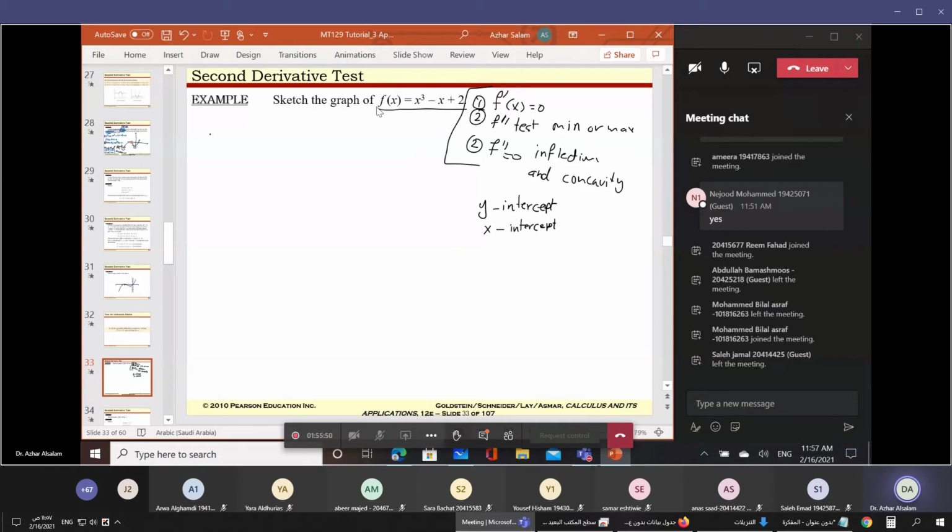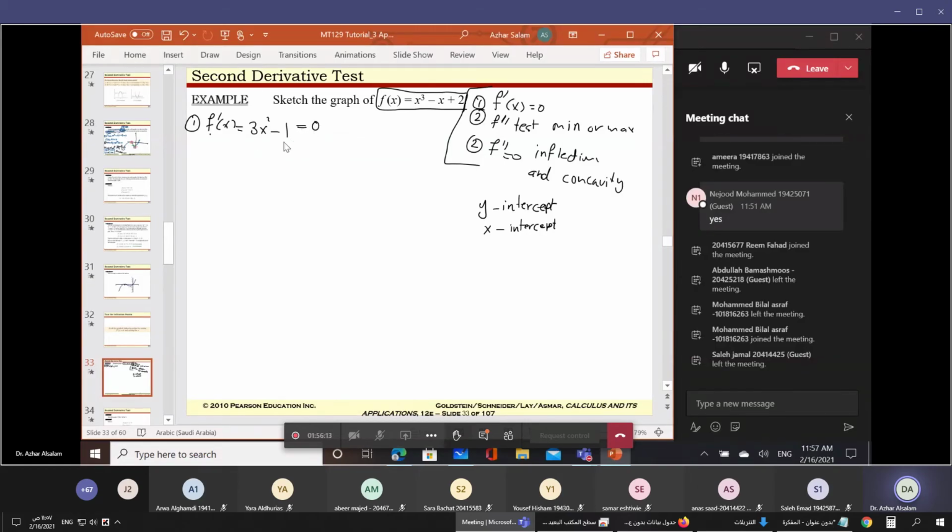First, I will use this function to find the first derivative. As we said, I will find the critical points. f dash of x equals 3x squared minus 1. This is the derivative, right? This is the first derivative. I will find the zeros.